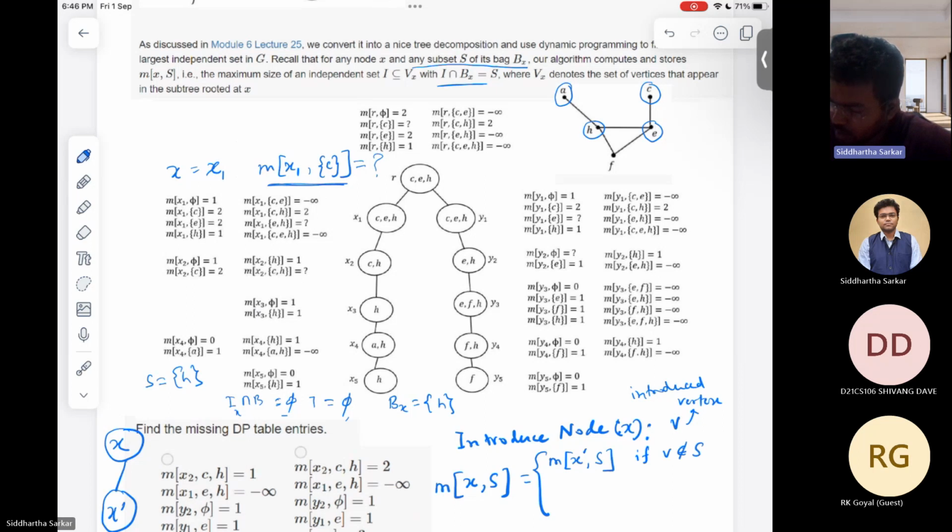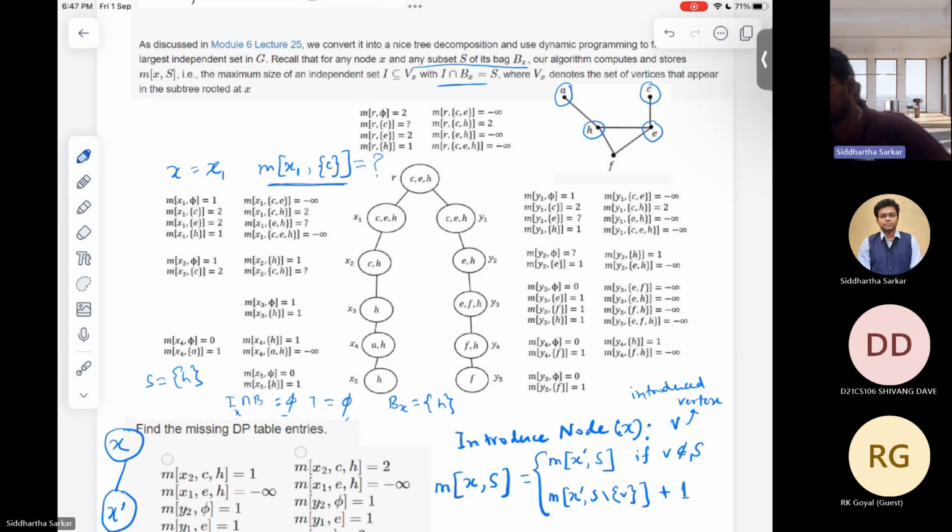If v is not part of the parameter in the table, that means it is not part of this subset of the bag which we are interested in, then we will just set it to the same value as in the child node, that is x dash. Otherwise, if v is indeed part of the subset, then we set it to the value at the child node minus v plus 1.